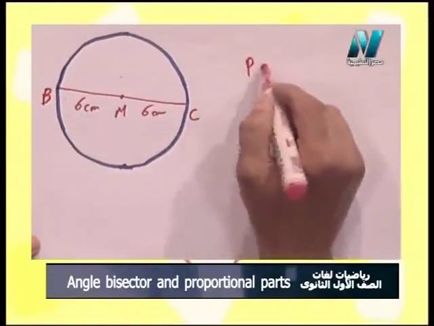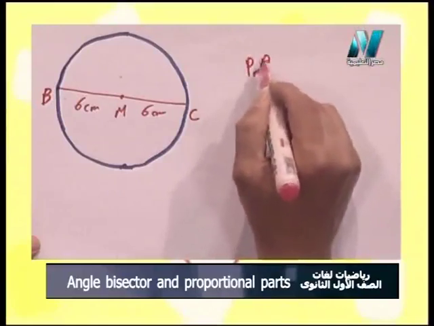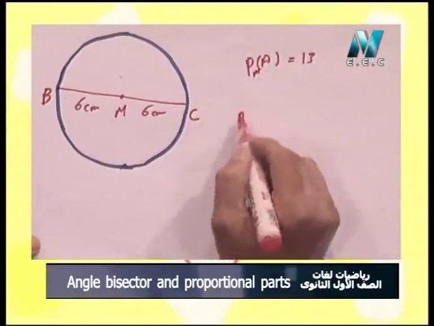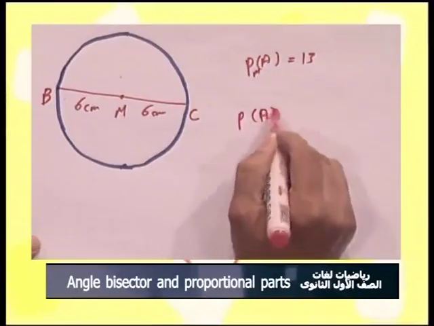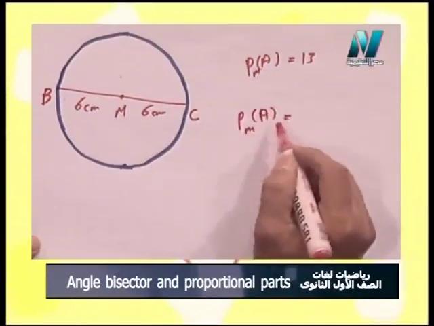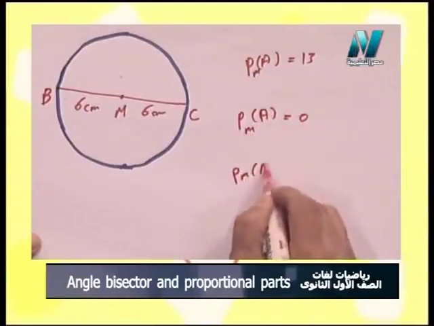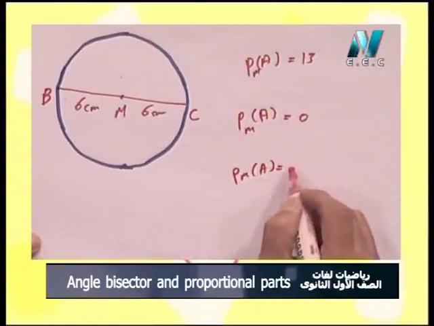We have numbers. The power of a point A equals 13. Another power of the point A equals 0. The third one equals negative 11.